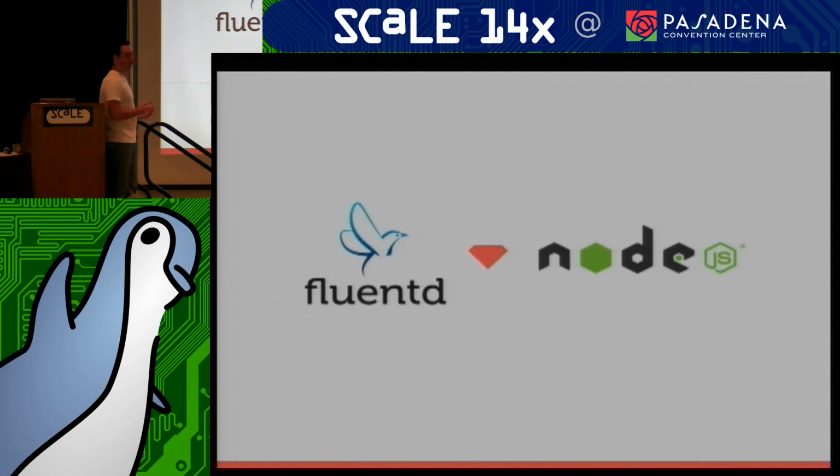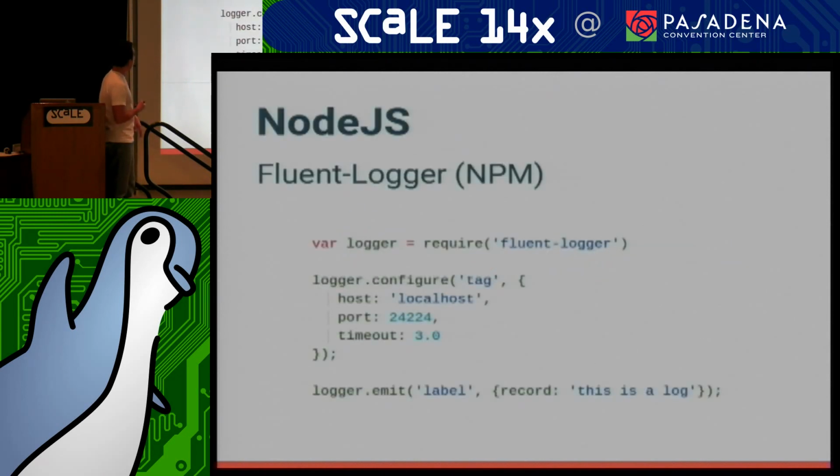And for people who love Node.js, I added this because people often ask about it. They say, okay, I'm deploying my really cool Node.js application. How do I manage logging? So we implemented a package called Fluent Logger. It's already available on the npm package server, so you can get it and start using it.